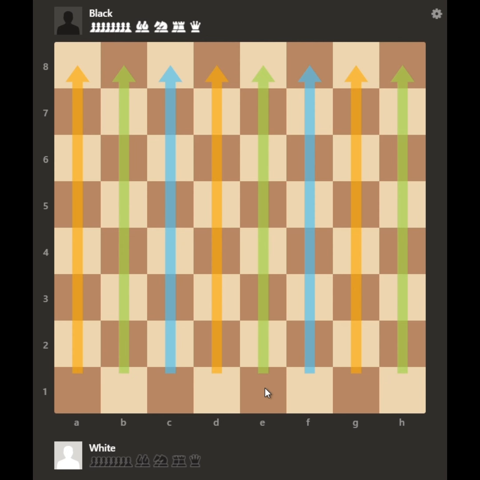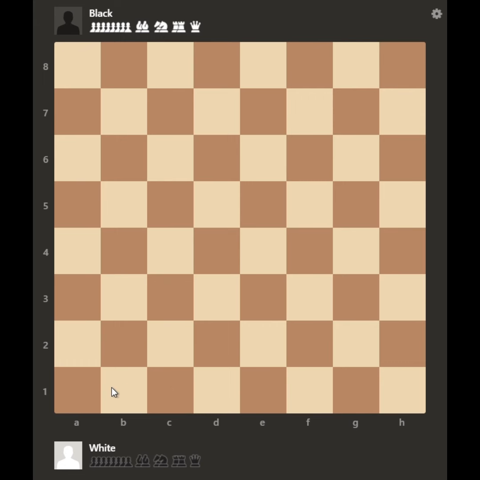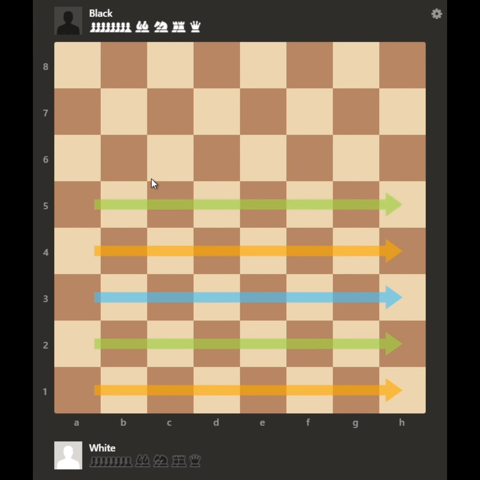Similarly, rows are named as ranks. Here the first row is first rank, second row is second rank, third row is third rank, fourth row is fourth rank, fifth row fifth rank, sixth row sixth rank, seventh row seventh rank, eighth row eighth rank.